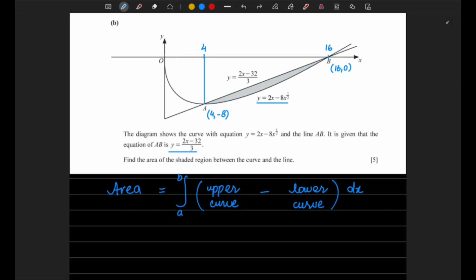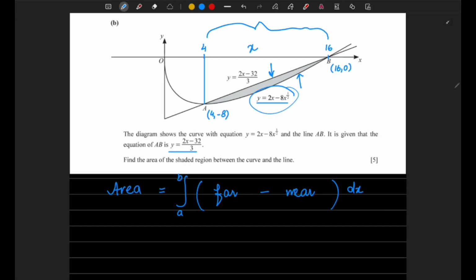There is one more way to understand this, and that is far minus near. Far curve minus near curve. What does it mean to be far and near? Far means far from the x-axis, so the farthest from the x-axis is this curve, and near to the x-axis is this curve. Or there is one more way to decide: take any x value in this interval and substitute it in to get the y value.